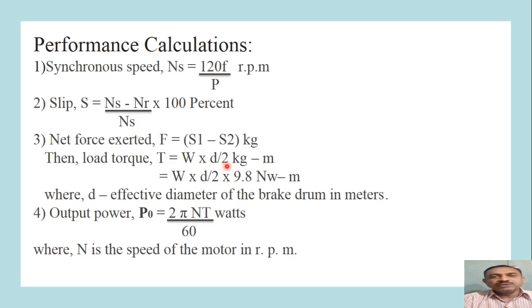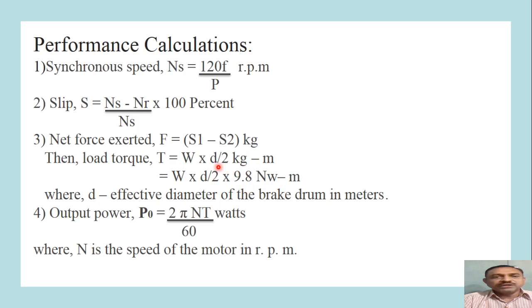D by 2 is of course the radius, where D is the diameter of the brake drum, which we have to measure carefully. Whatever torque we get is in kg meters, so we need to convert it into Newton meters in SI units. So multiply it by 9.8.